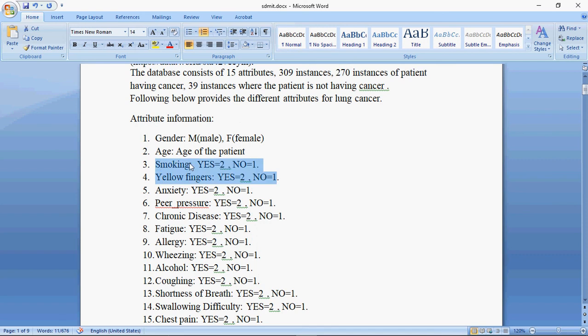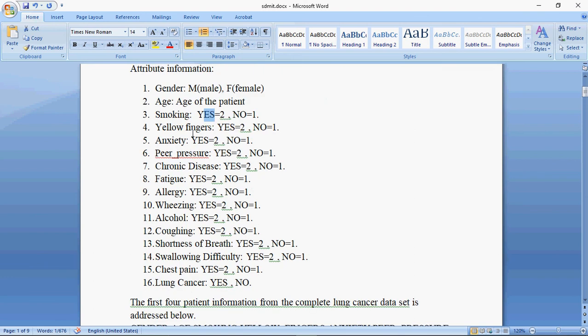If the person is smoking, the associated value would be 2, and if he doesn't smoke, if he has no smoking habit, then it would be 1. Similarly for yellow finger, yes implies 2, no implies 1. This way the numbers are assigned, and these attributes with these numbers would be used for classification. And logistic regression is a method used for classification.